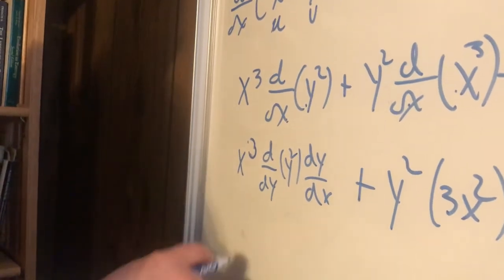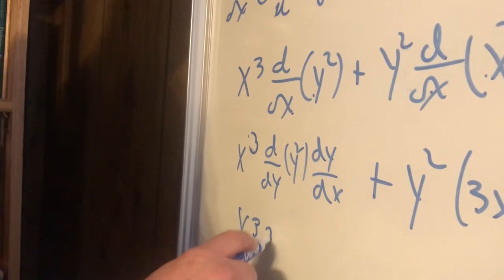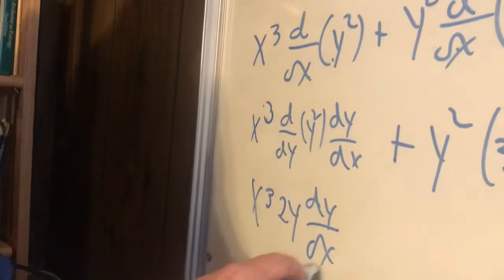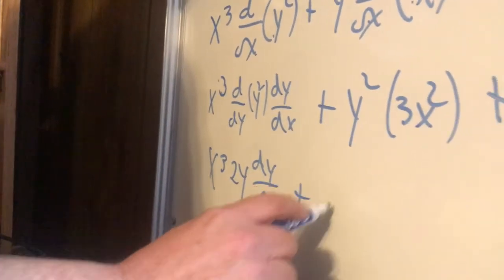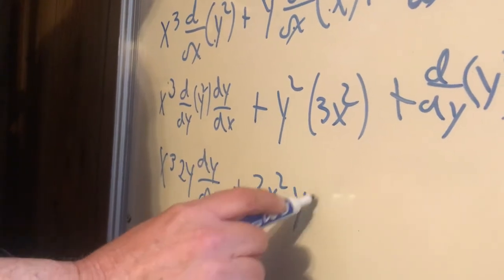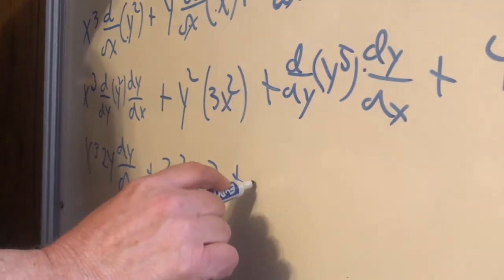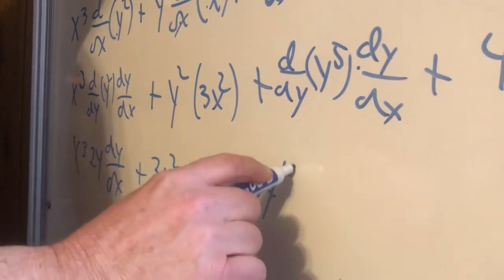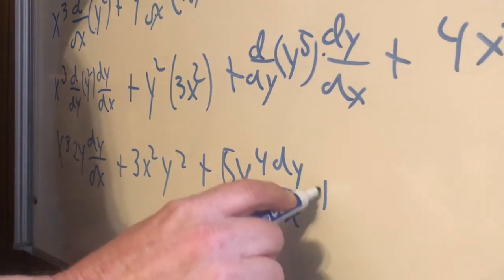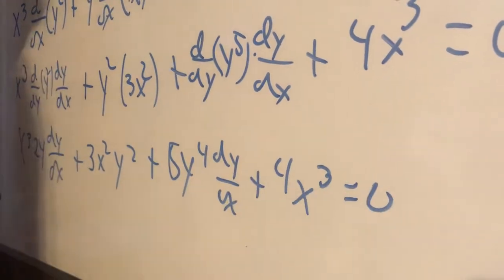Going through this, we get x³ times 2y dy/dx, plus, just making this a little bit simpler, 5y⁴ dy/dx, plus 4x³ equals 0.